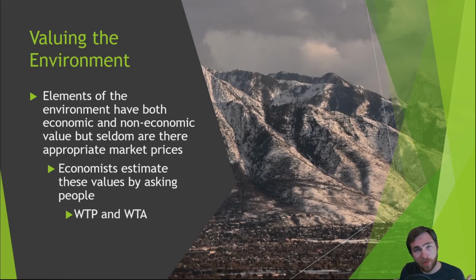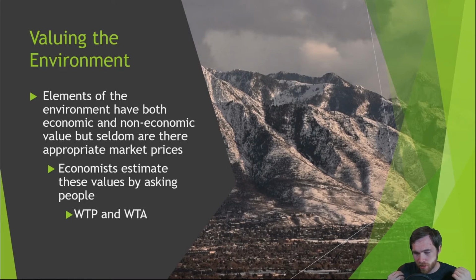Another issue that was talked about in this chapter, that I'm not going to go into in too much detail, is valuing the environment. So economists, how do we value these dispersed benefits? Well, elements of the environment have both economic and non-economic value, but there's usually not just some analogous market price.